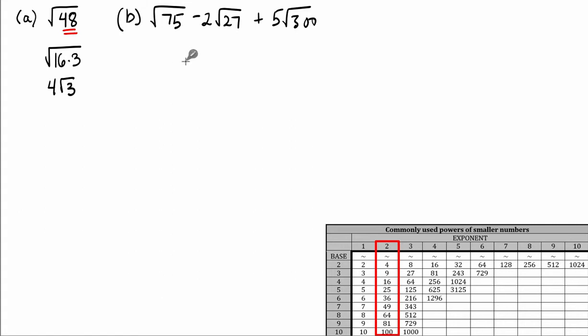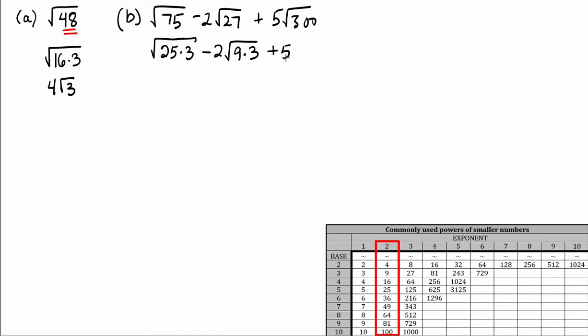Now, in each radical, you look for perfect squares that might divide into the number which is inside the radical symbol. In the first case, 25 divides evenly into 75 three times, which means you can rewrite that radical in this way. Minus 2 times 9 divides evenly into 27 three times.